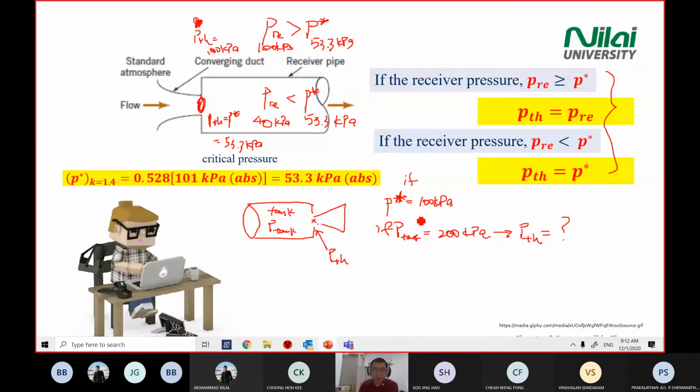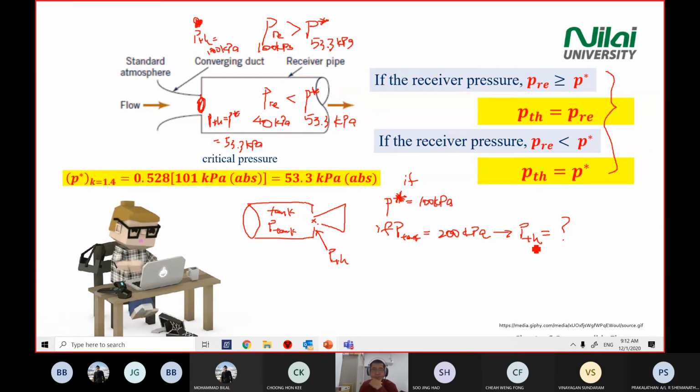So if you calculated the P star critical is 100 kilopascal, and inside the tank here is 200 kilopascal, what is the value at the throat?